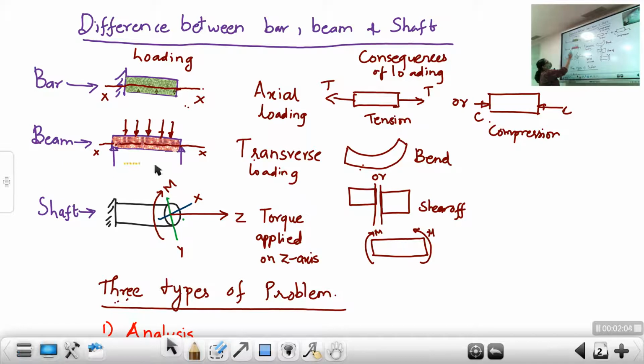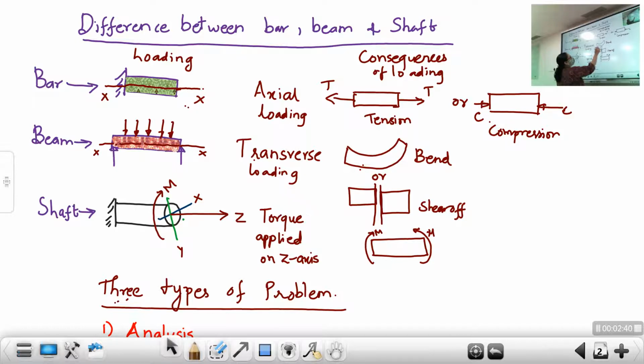When you come to a beam element, it is an element which is loaded transversely. What do you mean by transverse loading? The load is applied in a perpendicular direction, and the axis about which it is applied is the x-axis. We had discussed in the earlier part of the lecture also that when we apply transverse loading, the consequences would be either the beam bends like this or it can shear off.